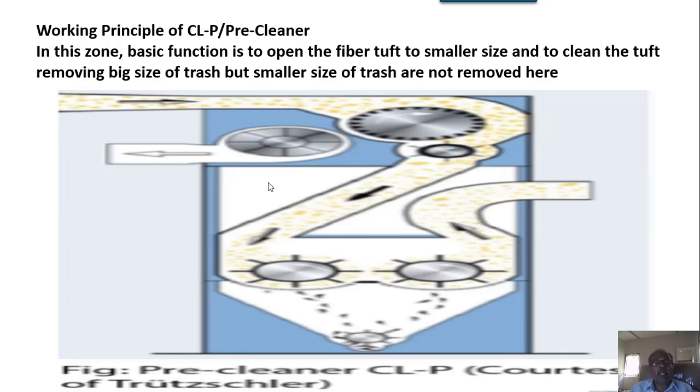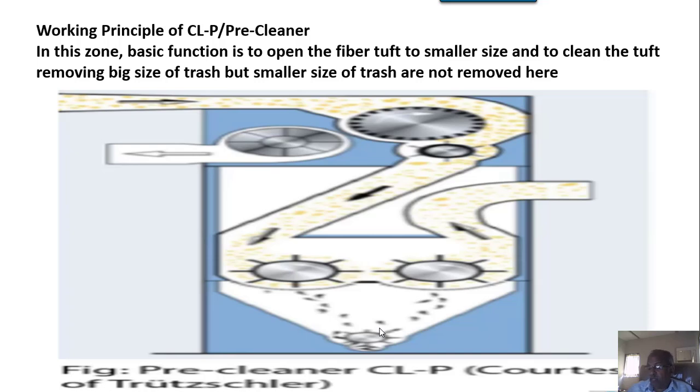Somewhat improvements are there, like suction is provided here, at two places. In this chamber the tuft size will get reduced further, and a larger size of trash is likely to be removed here.